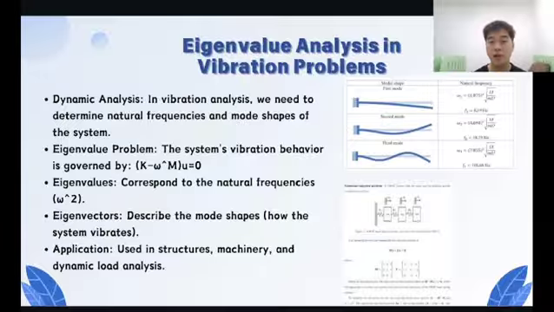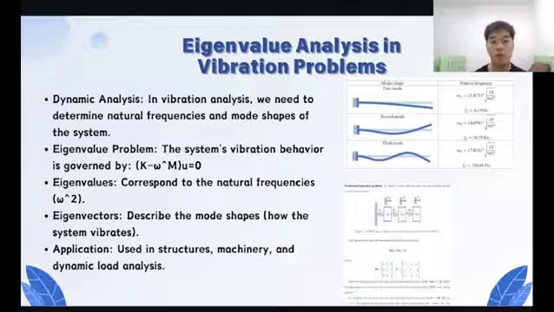This can be done by solving an eigenvalue problem, where the system's dynamic behavior is governed by the equation (K minus omega squared M) u equals 0. Here, K is the stiffness matrix, M is the mass matrix, and omega is the angular frequency of vibration.